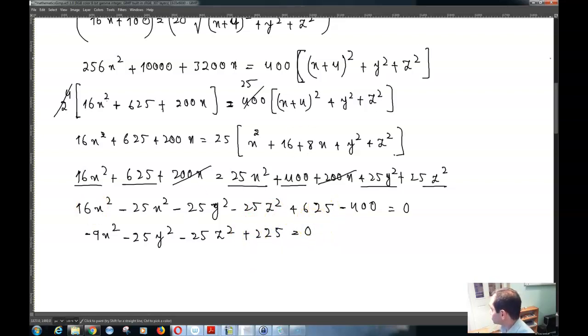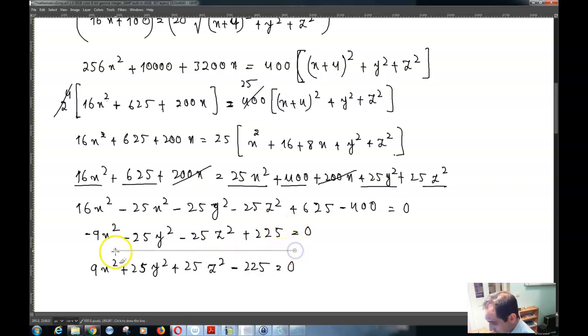And your equation is then, okay, if I multiply by negative 1 here, I get 9x squared plus 25y squared plus 25z squared minus 225 is equal to 0. And that is the actual correct form of the equation.